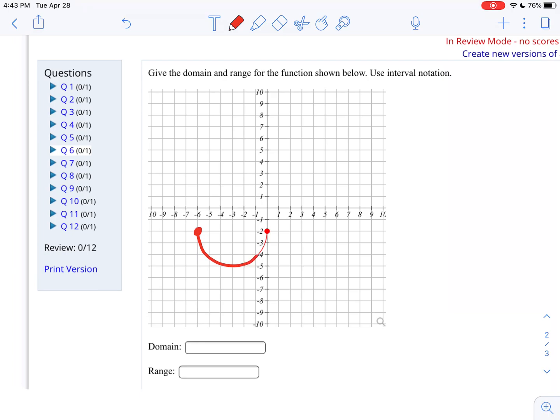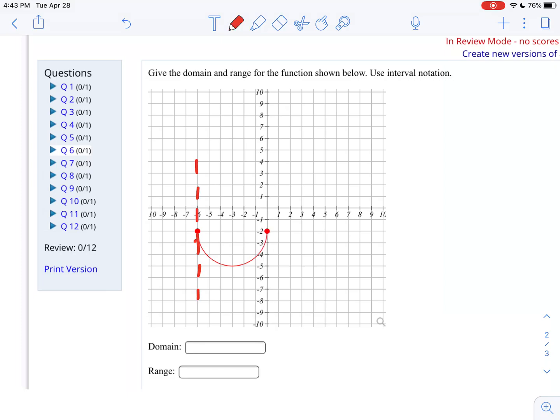I'm going to trace the graph and figure out where the greatest point for x is. And it's right here. So to help me, I'm going to say, okay, this is a -6 for x, and this is a 0. Kind of like the same thing that I just showed you. It's almost like putting it in a box, right? Or like a compartment. The graph doesn't go farther than either of those points.